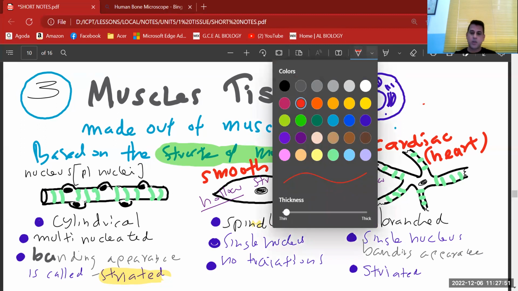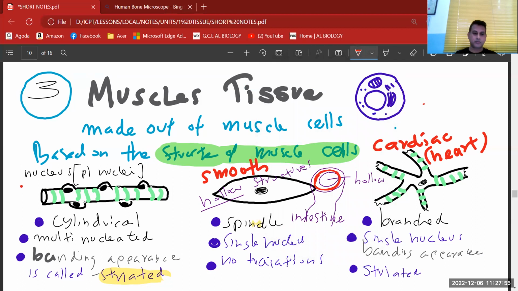The first one is called skeletal because they are attached to the skeletal system, they are attached to the bones. Skeletal, smooth, and cardiac. So we have three types of muscles in the human body: skeletal muscles, smooth muscles, and cardiac muscles.